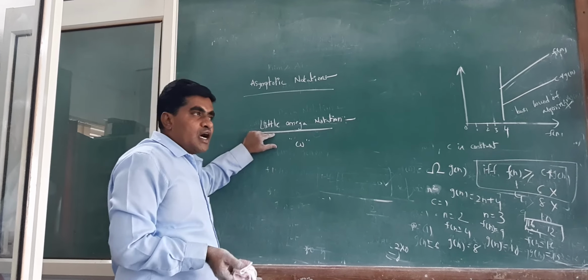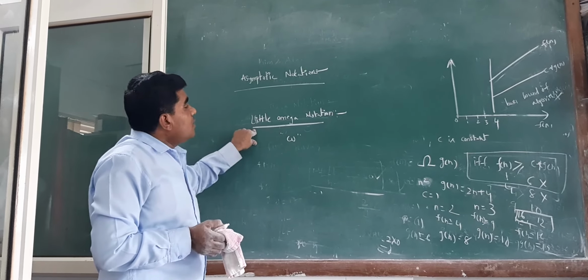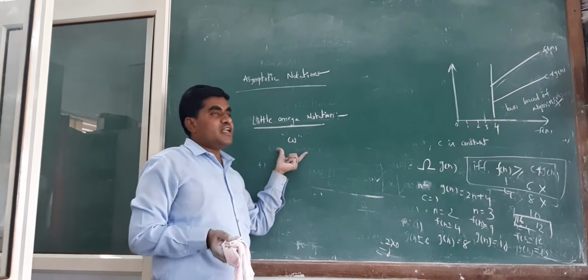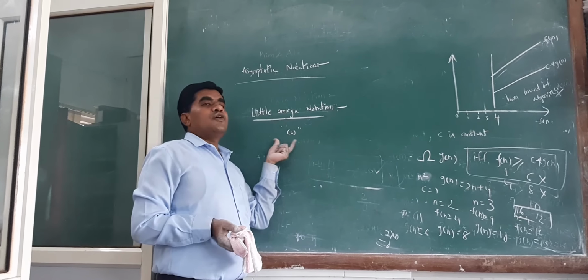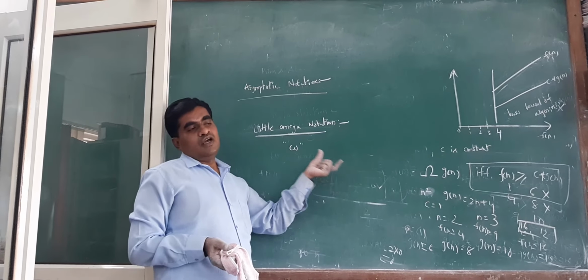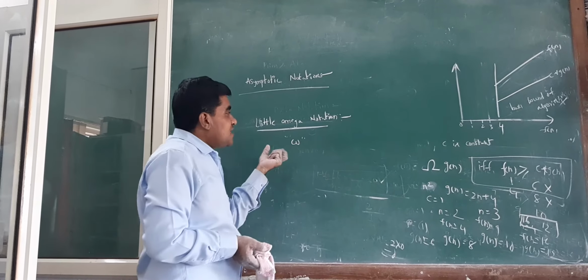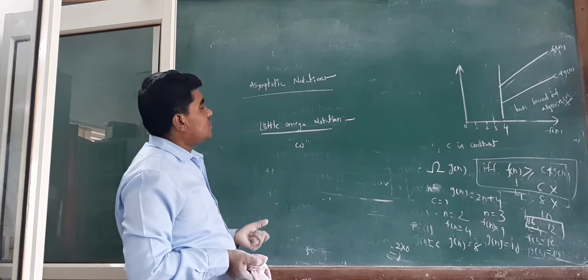Big omega is also used for representing the best case time complexity. Little omega is used when functions are asymptotically not tight. Means if f of n consists of n, g of n consists of n square, or f of n consists of n square, g of n consists of n cube, then it is asymptotically not tight. In that situation we use it.